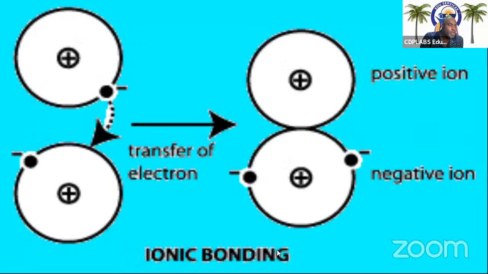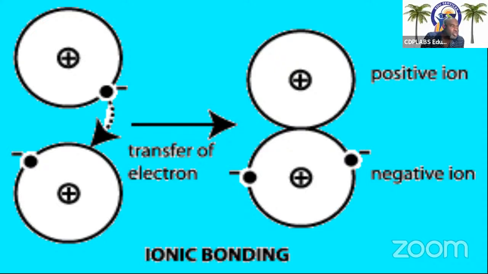Now this diagram here shows two different atoms. One is a metal, one is a non-metal. So let's talk about ionic bonding. We're talking about metals and non-metals involved.